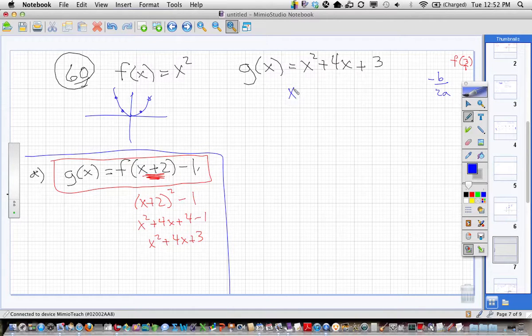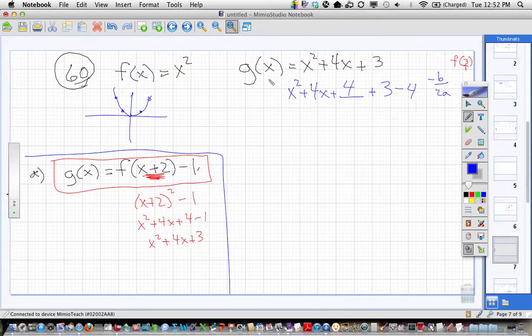We can complete the square. Well, how do you do that in algebra? You leave yourself a blank. Now, everybody remember? What do we do to complete the square? Half of 4 is 2, and you square it, which is 4. Now, we can't just add 4 to this side without changing things, so we've got to take away 4 to offset that.